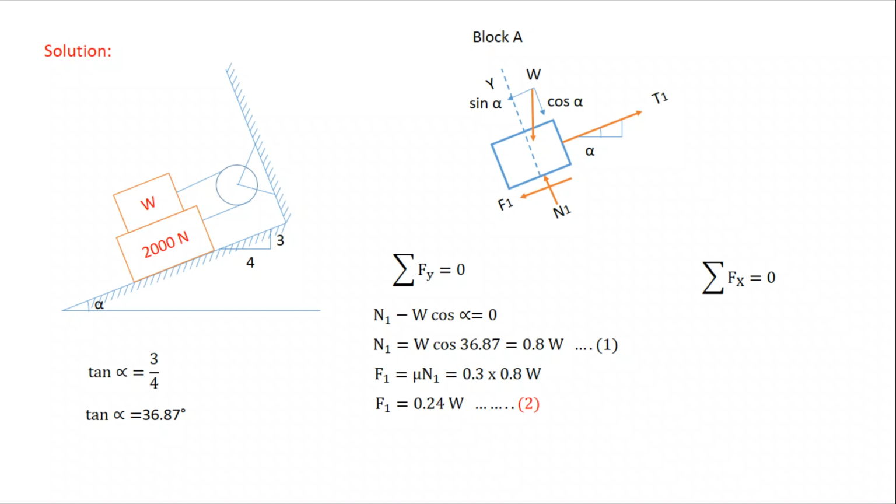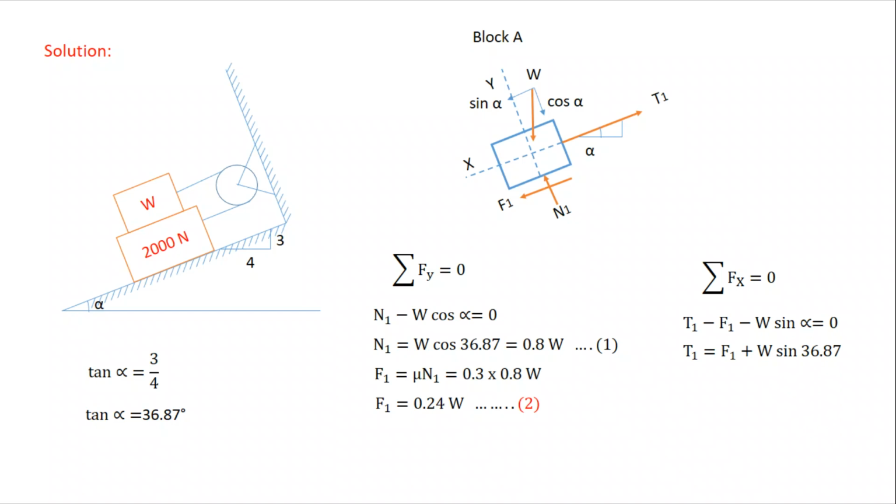So taking the summation of Fx, equilibrium condition, along the x direction. Where is the x direction? You can see in the diagram, this is the x direction. So along the x direction, T1 is there, W sin alpha is there, and F1 will be there. So according to sign convention, take plus T1 minus F1 minus W sin alpha.